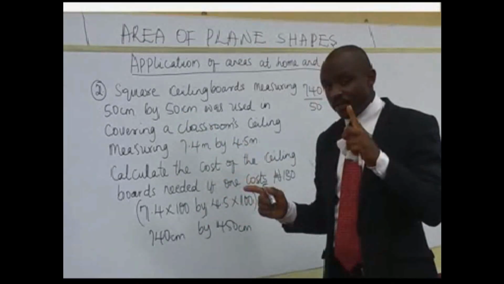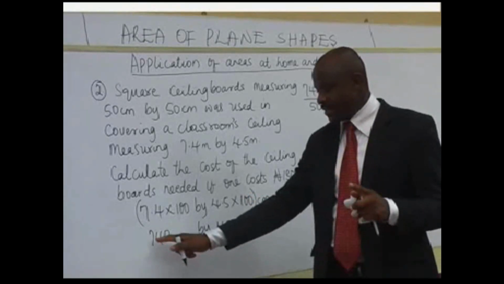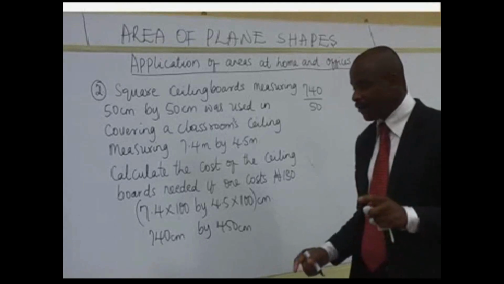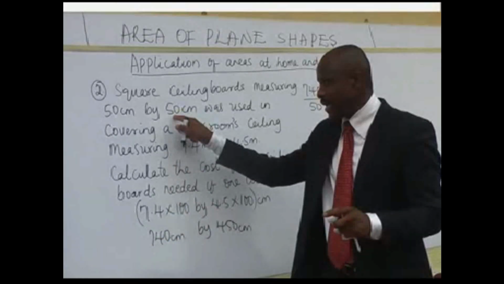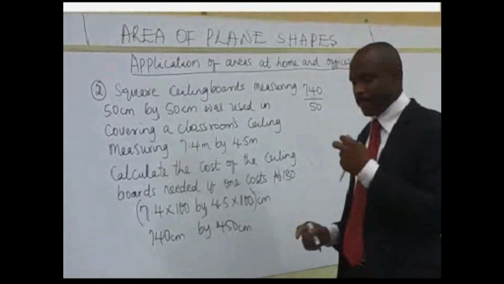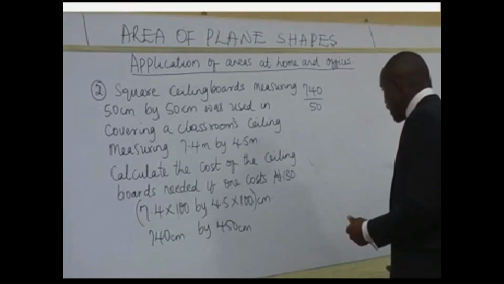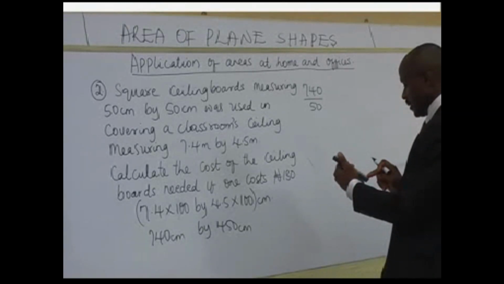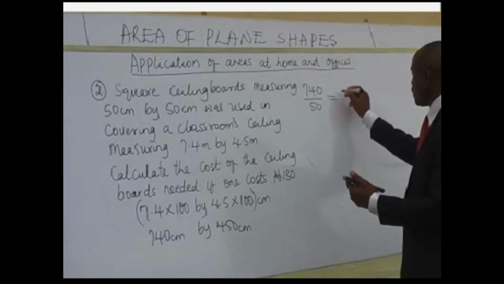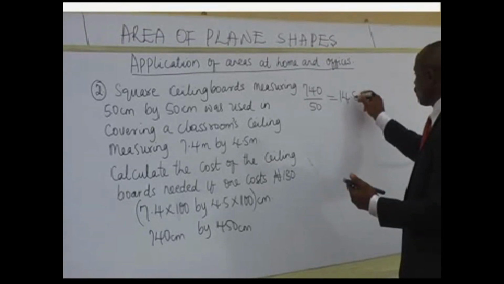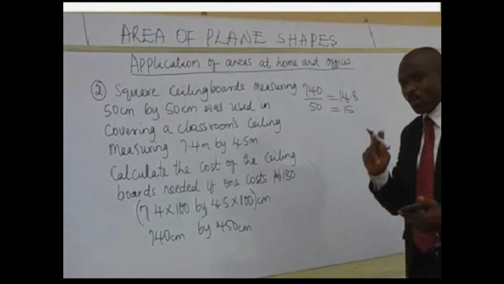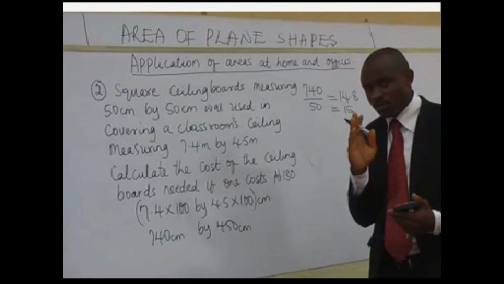So in the length, you are going to have 740 divided by the length of one ceiling board. Let's use our calculator to find that value. 740 divided by 50 is giving me 14.8. This 14.8 is equivalent to 15, only that one of the ceiling boards will be cut.